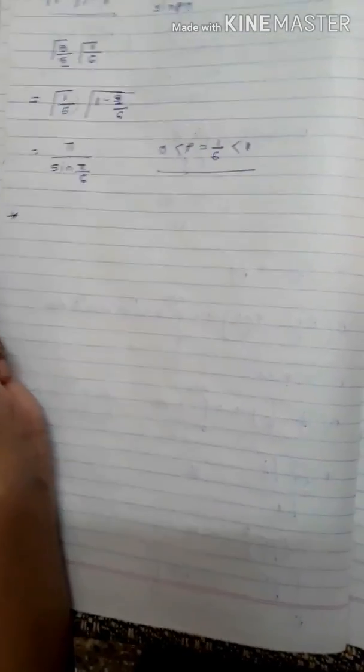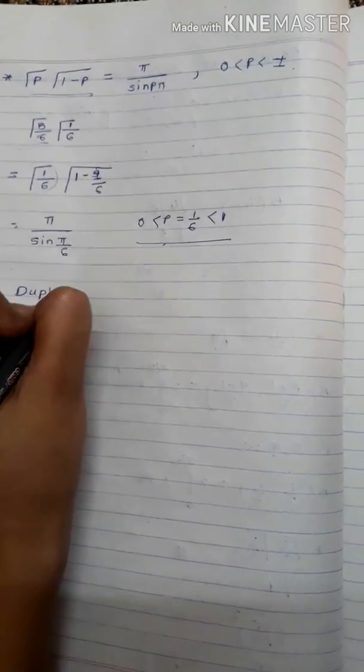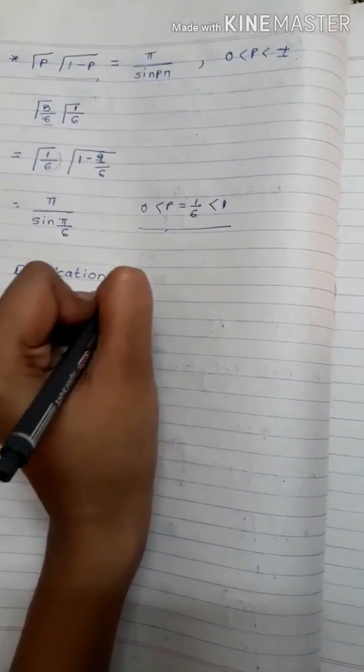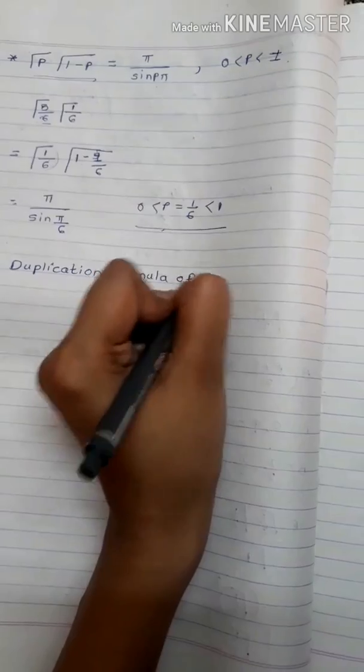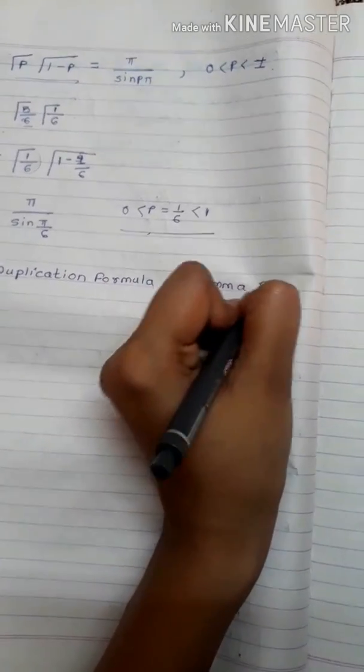Okay, and then the last property, this is just for completion. There is no example based on this last property. The property is not that important, but let's complete it. The last property is called the duplication formula of gamma function.